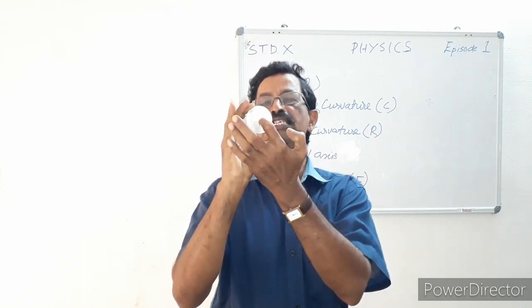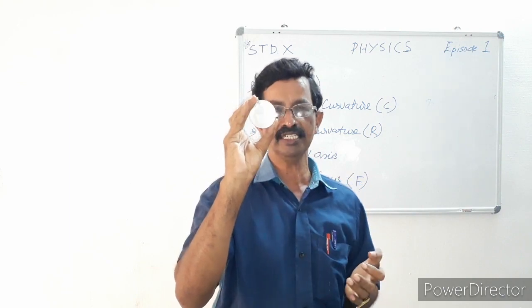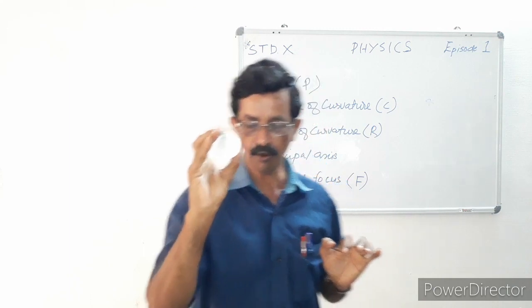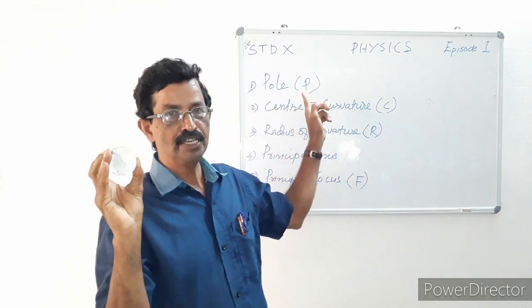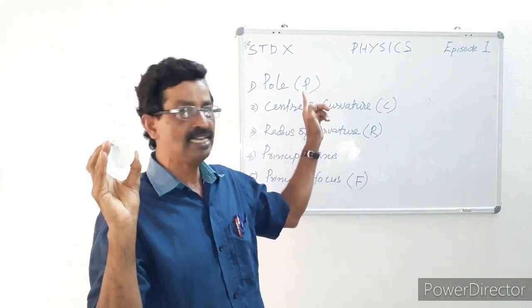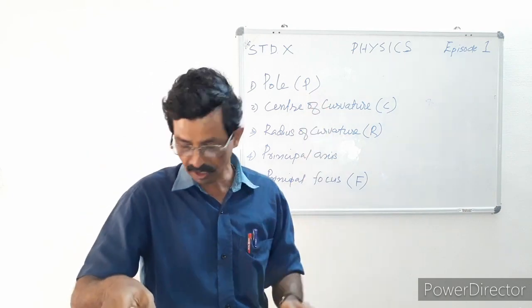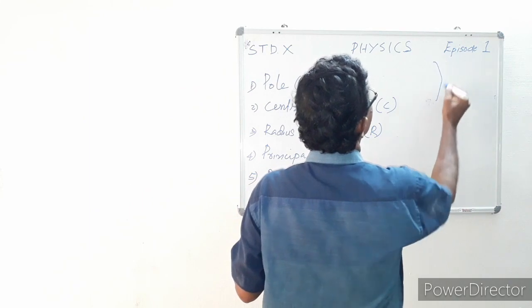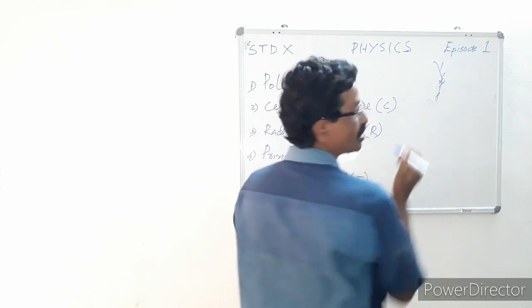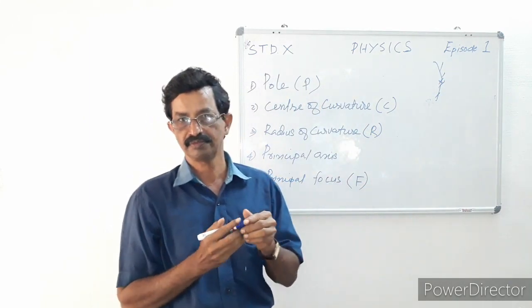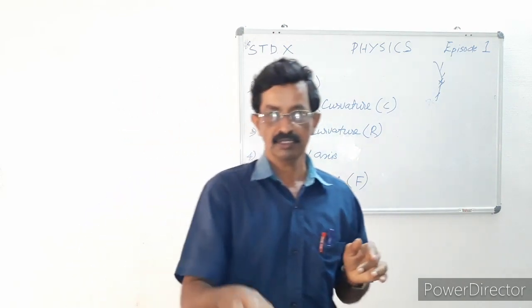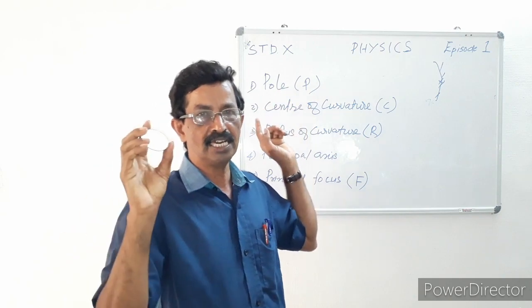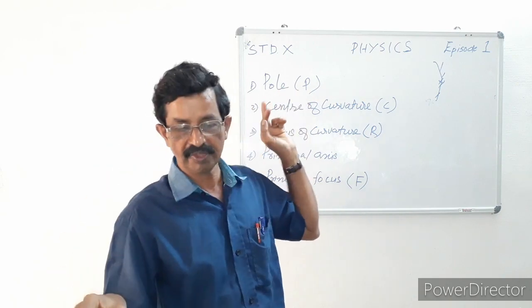The midpoint of this reflecting part, or the center of the reflecting surface, is called the pole. Usually, we represent it with the letter P, and when we draw this, we take this part as the pole. Pole is the center of the reflecting surface.